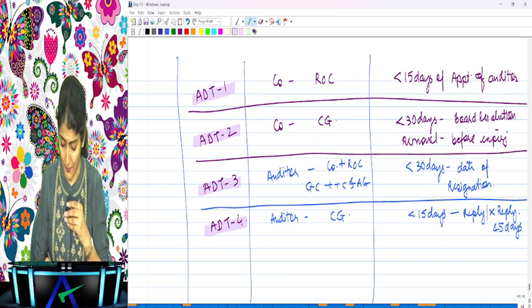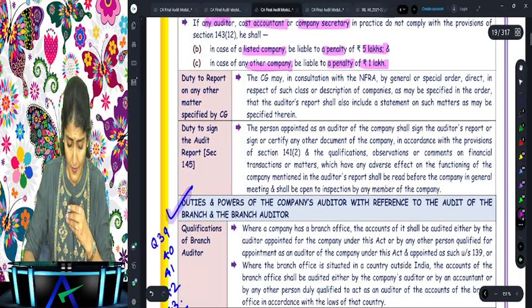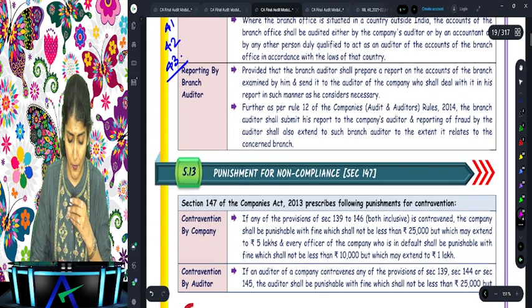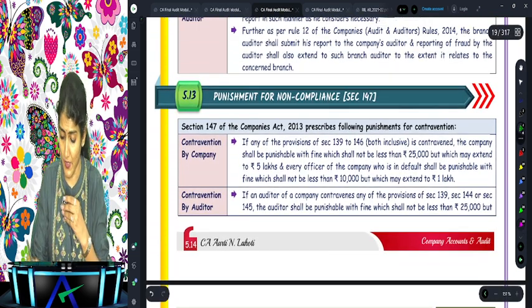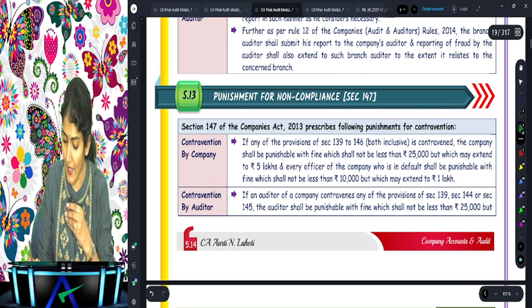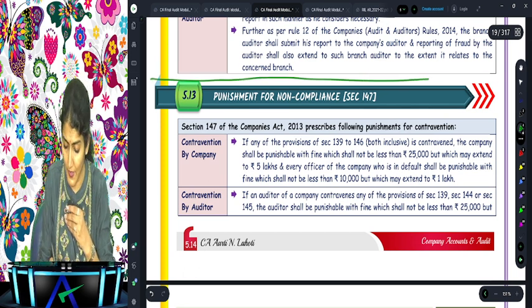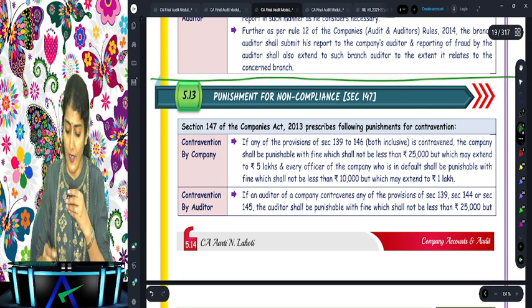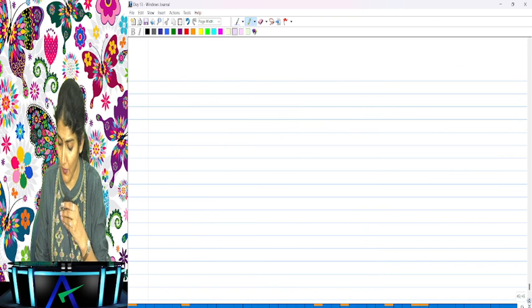Is it clear to everyone? Okay, right, so duty to sign the audit report, qualifications of the branch auditor. So that completes our discussion of section 143, which is regarding the rights and duties of the company auditor.